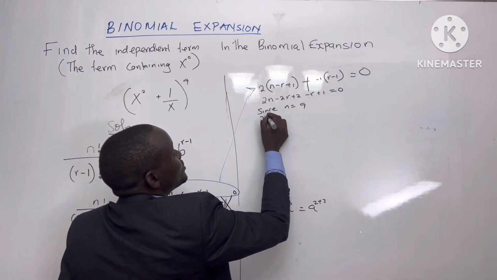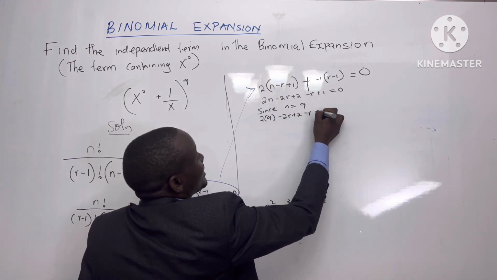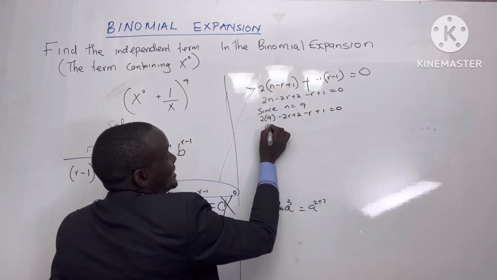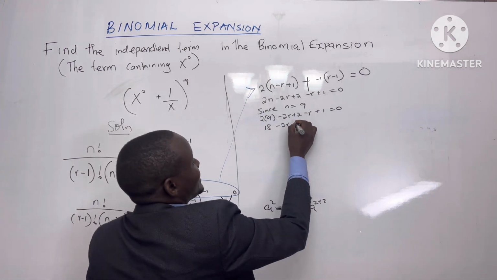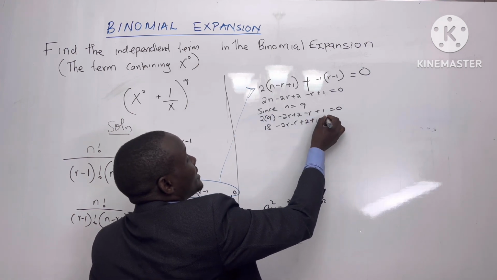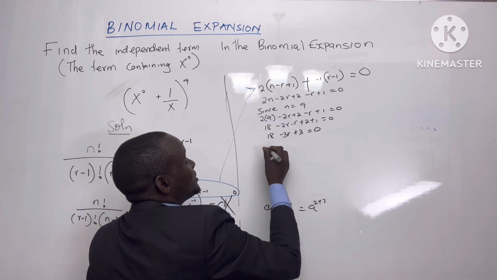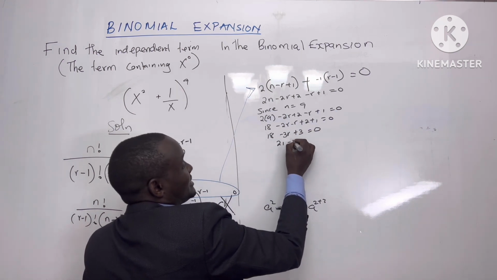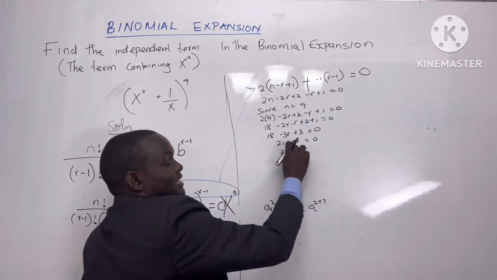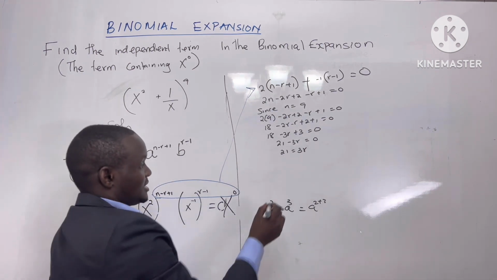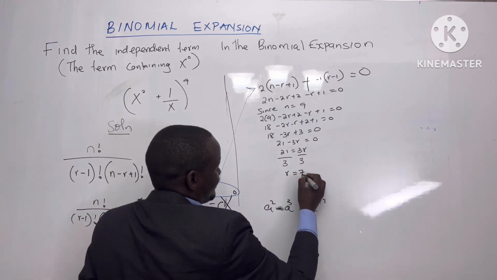This means it's 2 multiplied by 9 minus 2r plus 2 minus r plus 1 equals 0. This is 18 minus 3r plus 3 equals 0. This is 21 minus 3r equals 0. Then you have 21 equals 3r, taking this to the other side it becomes positive. You divide by 3, and we find our r equals 7.